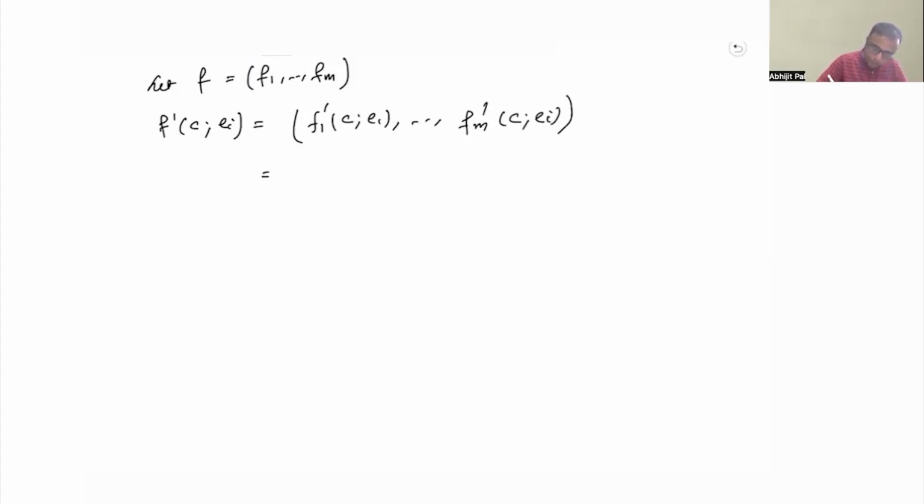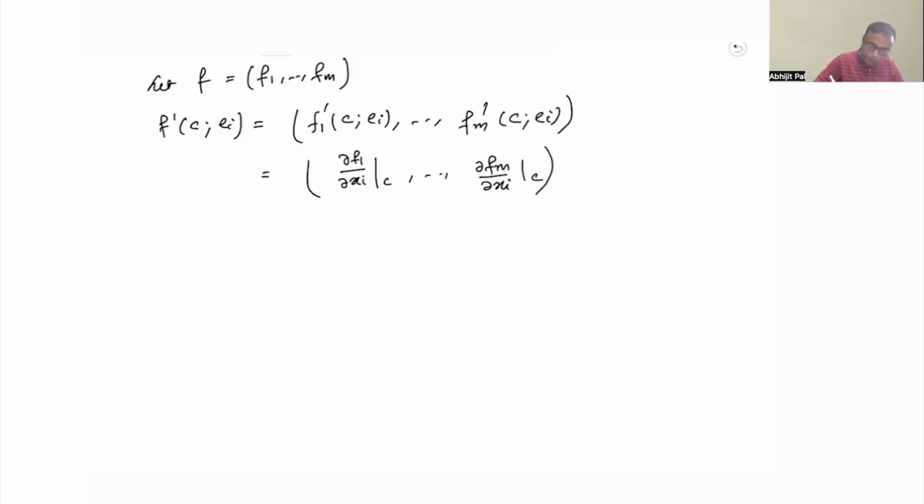This is the partial derivative, so this is my ei: del f1 del xi evaluated at the point c, up to del fm del xi evaluated at the point c.